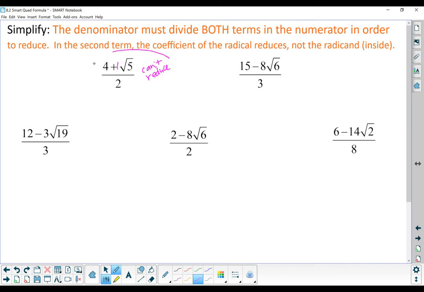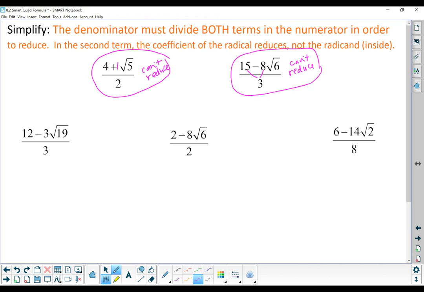So this one is in simplest terms. 15 minus 8 root 6 over 3. Again, you kind of see that 15 and the 3, and your brain might be telling you, oh, this one can reduce. But the coefficient 8 is not divisible by 3. So this one is also in simplest form and cannot be reduced.